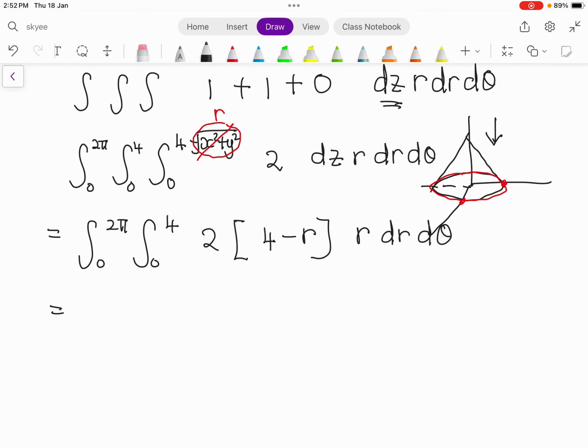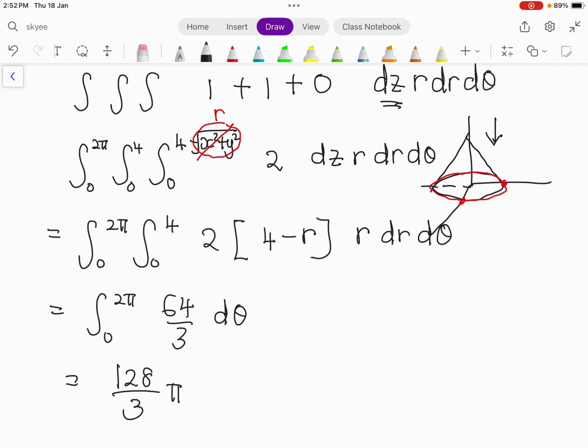Now we integrate it. Now it is 64 over 3, times 2, and you see 128 over 3 pi.